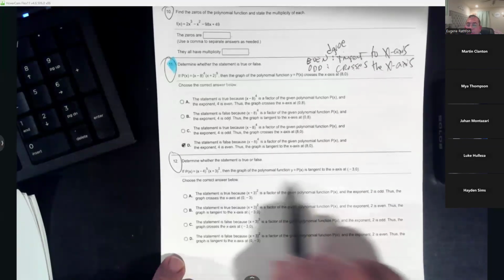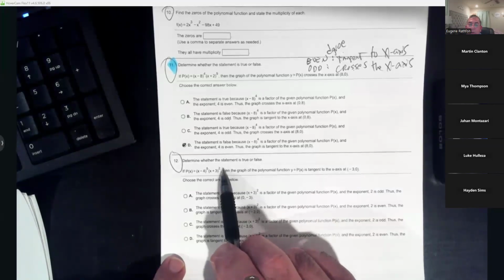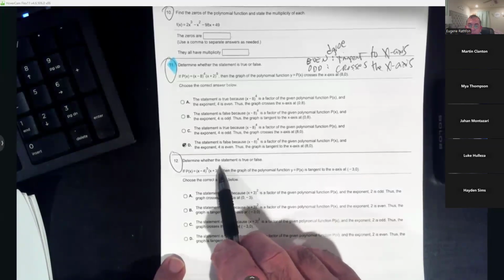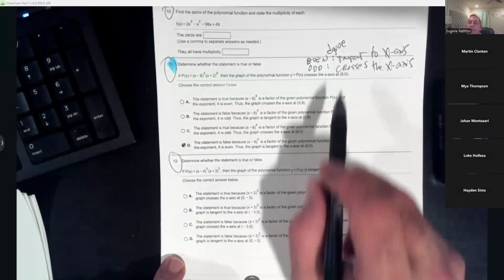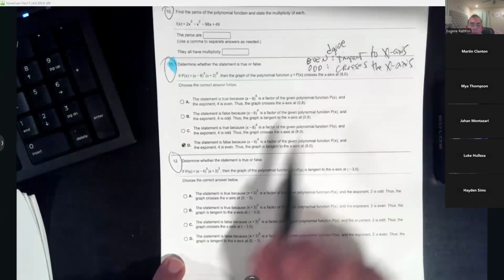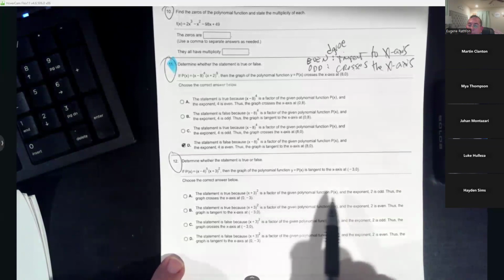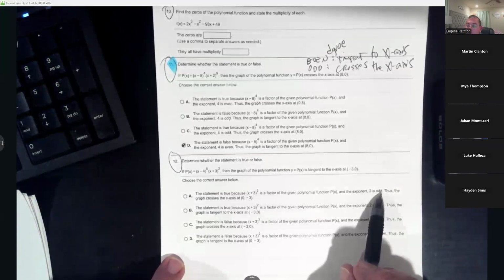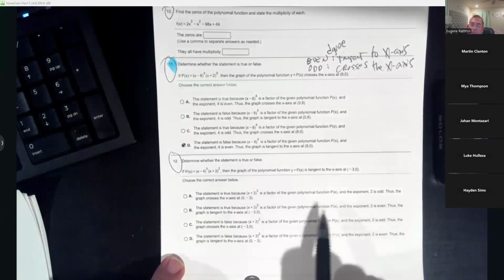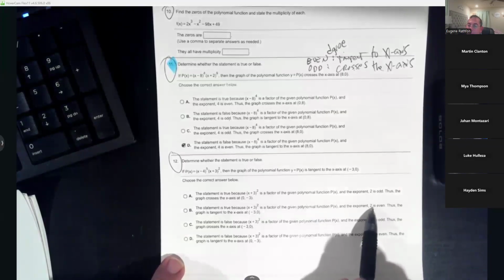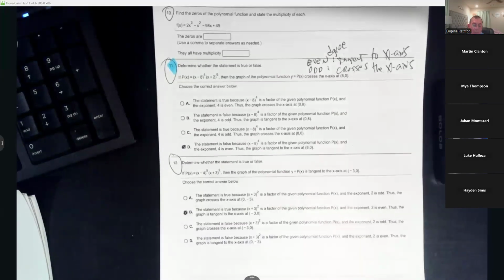When you set it equal to 0, you get -3. It has an exponent 2, which is even. So this is true. It's going to be tangent if it's an even degree. But remember, there's two true right here. This one says 2 is odd. This one says 2 is even. So I want the one that's got the right exponent being even. So on that one, I would choose B, okay?